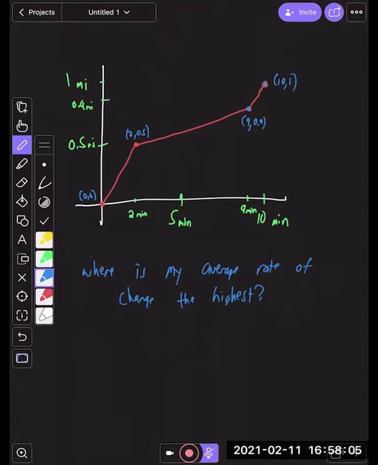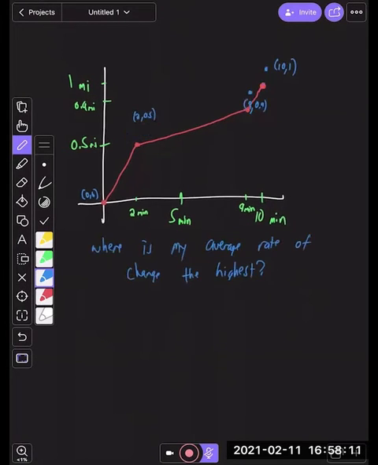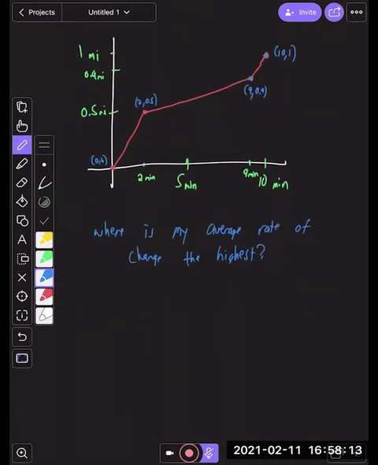So where is my average rate of change the highest? Where am I going the fastest? Well, all I need to do is consider the different intervals. So practicing our interval notation, on the 0 to 2 interval, my average rate of change is always that same formula.